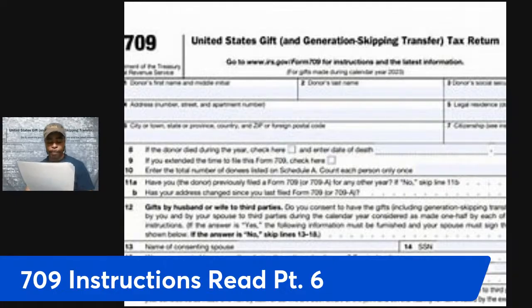Part 3, tax computation. You must enter in Part 3 every gift you listed in Part 1 of Schedule D. Column C. You are not required to allocate your available exemption.